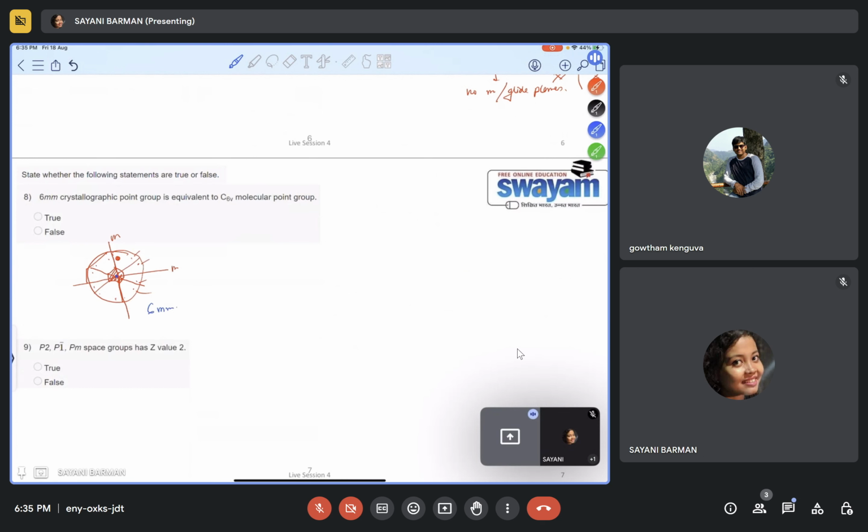Now C6v molecular point group. C6v means there is one principal axis C6 and sigma v means a mirror plane containing the C6 principal axis. So let's take one example. There must be something hexagonal, right?